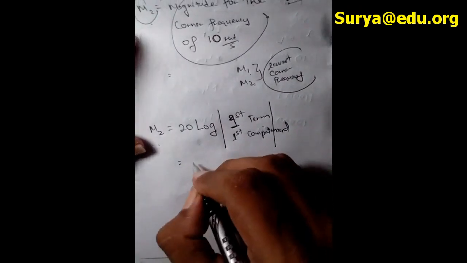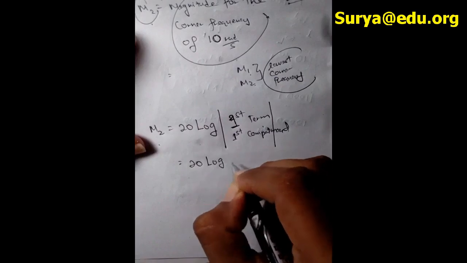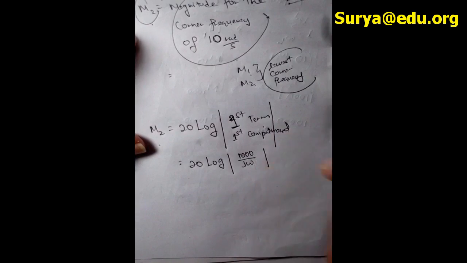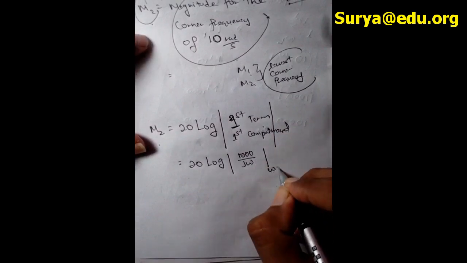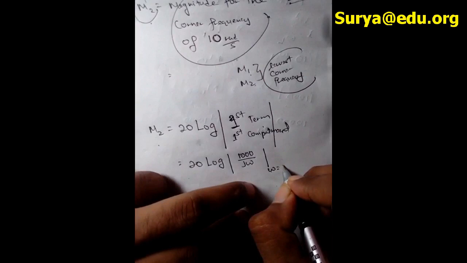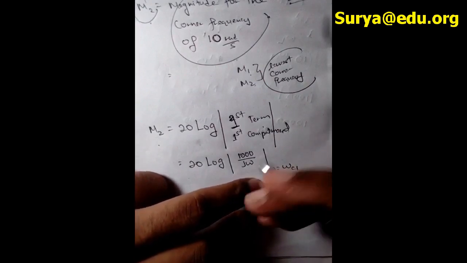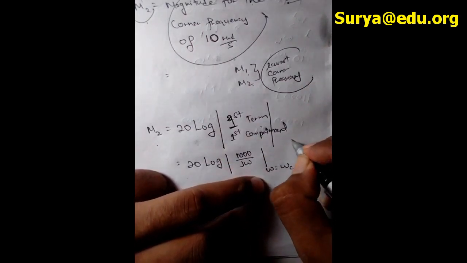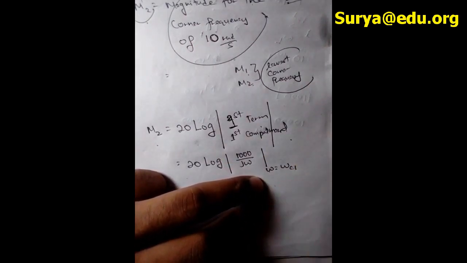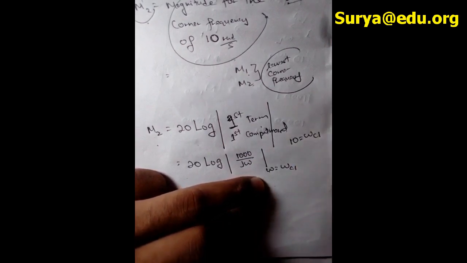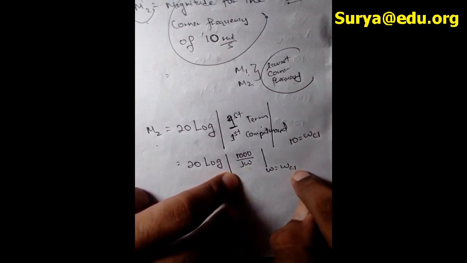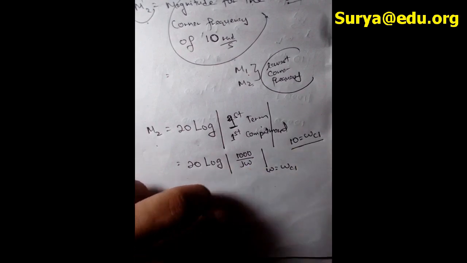What is 20 log of the first term? 20 logarithm of 1000 divided by j omega. But keep in mind, now at omega equals what? Omega C1. As you can remember from the previous table, the next frequency that we have, 10, we defined as omega C1. So now we have to replace this omega by omega C1. What is omega C1? That is 10.